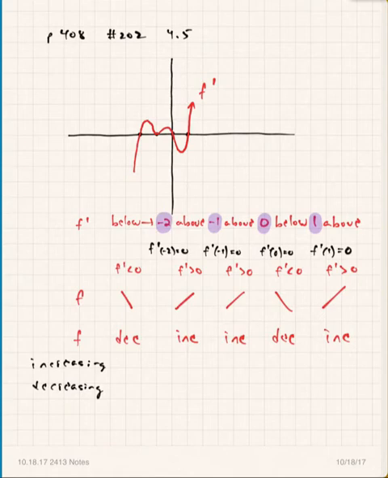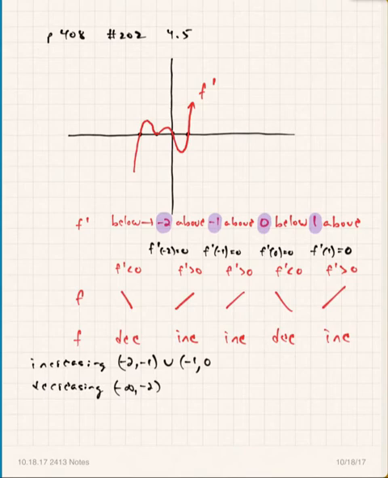So from left to right, what do we have? The graph starts out decreasing, from negative infinity to negative 2. And then from negative 2 to negative 1, the graph is increasing. From negative 1 to 0, the graph continues to be increasing. Now notice I didn't include negative 1 there because at negative 1, we saw that the derivative was 0.